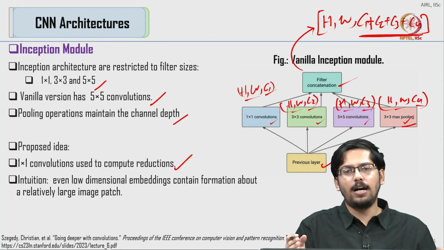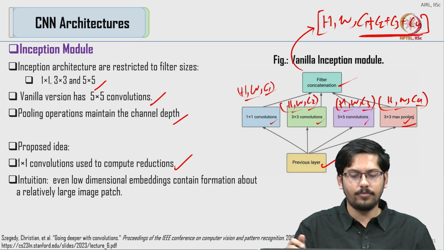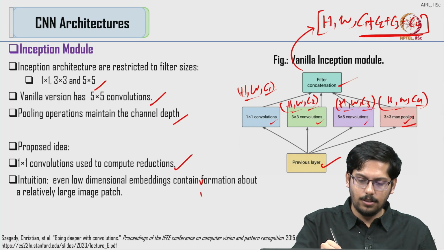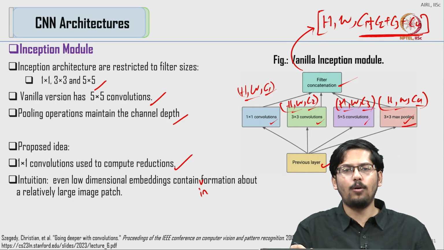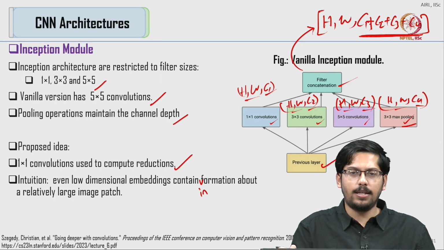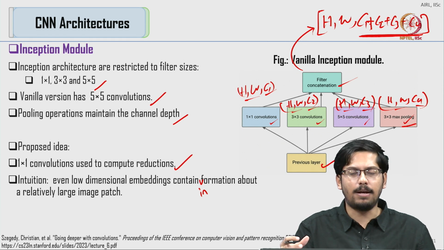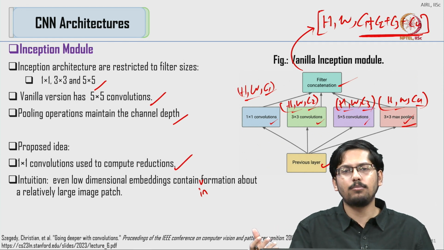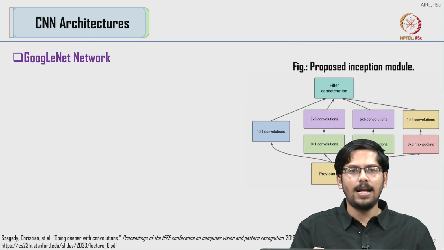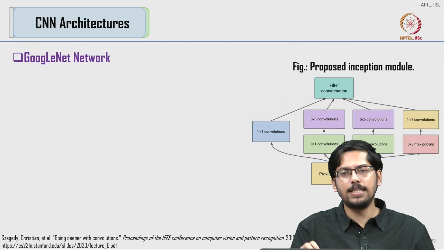So we do not need a very big feature map to learn the important information. We could have a lower dimensional feature map which could also retain a similar amount of information, right, and hence the proposed inception model is observed here.